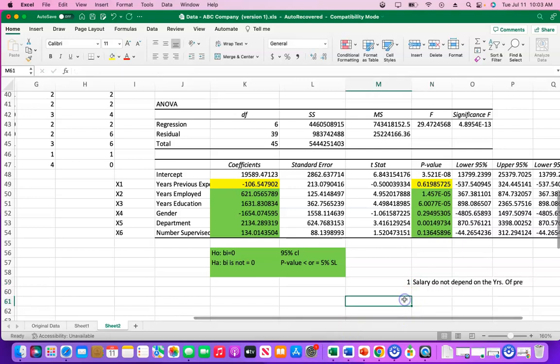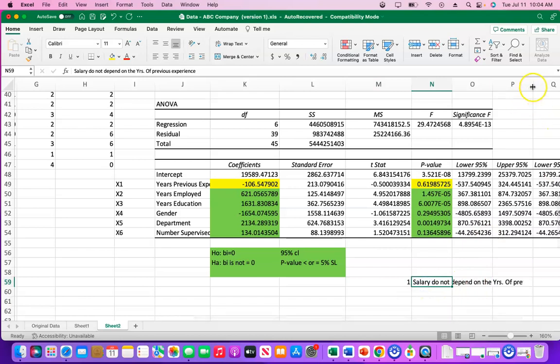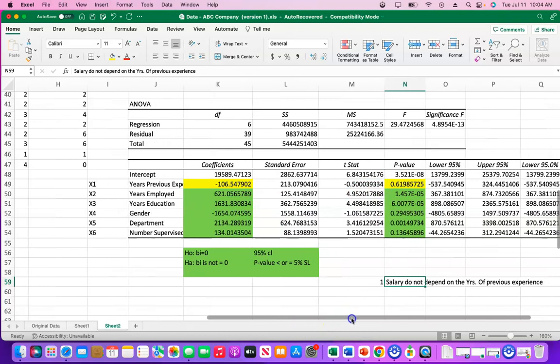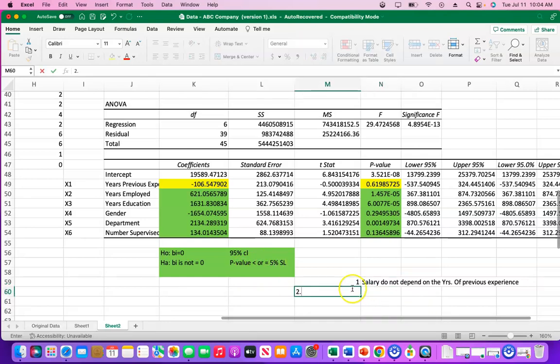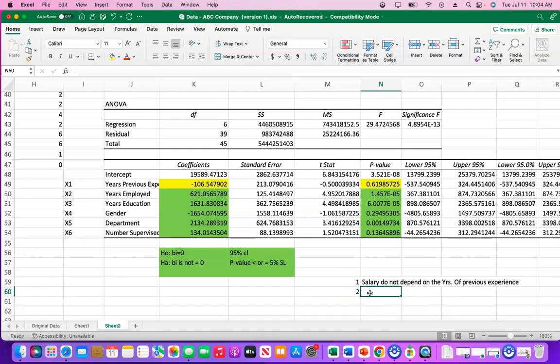Salary does not depend on the years of previous experience, because this slope is not less than or equal to 5%. Let's look at the other variable, which is years employed. So what should we say?